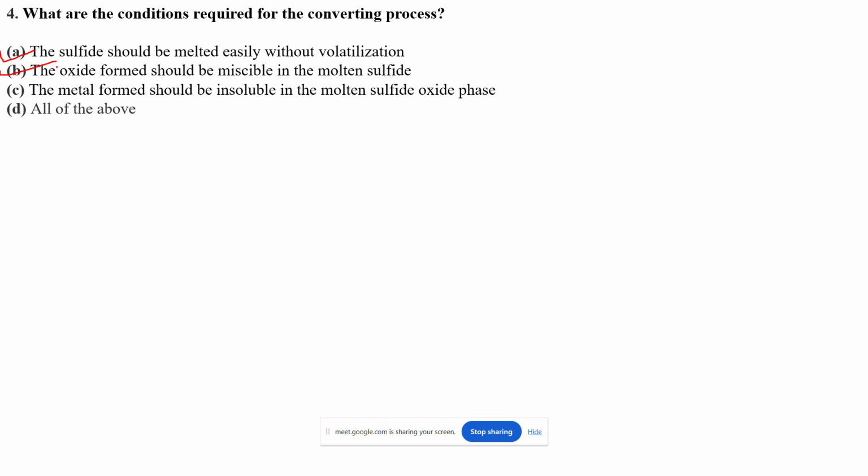Then the metal form should be insoluble in the molten sulfide oxide phase. Yes, otherwise we are not going to get a separate layer of copper metal and copper sulfide during the whole processing, which is the major idea behind this process.